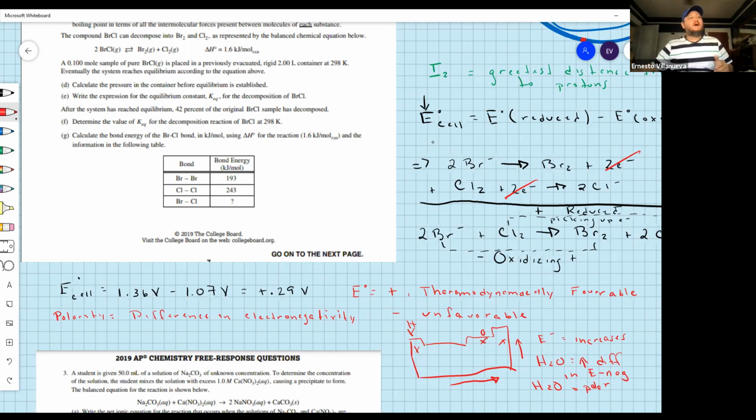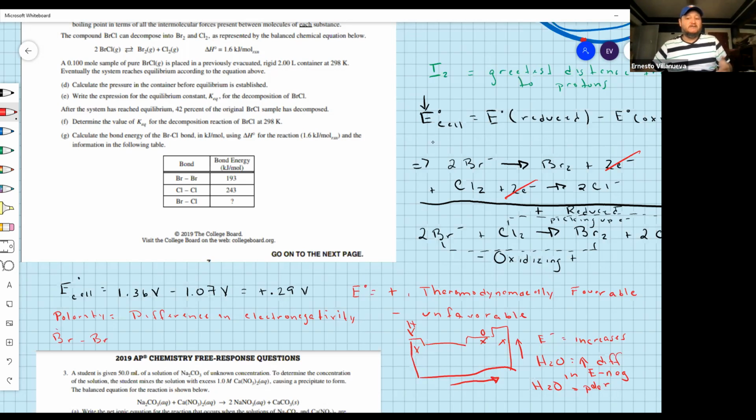Now, when we're talking about bromine bonded to bromine, are they going to have different values of electronegativity? No, because they're the same element, so their electronegativity is going to be the same.